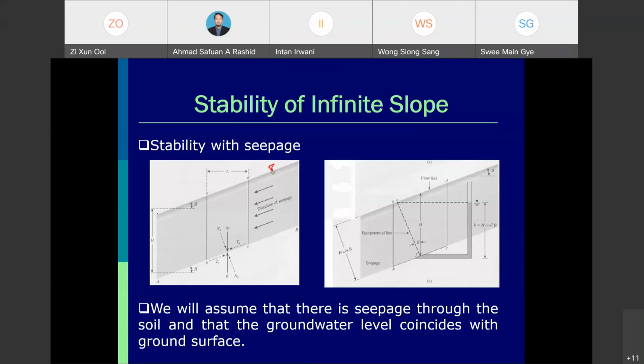We will assume that there is seepage through the soil and the groundwater level coincides with the ground surface. This is the limitation of the equation that we will discuss later on, where we are only able to use the equation when the groundwater coincides with the ground surface.